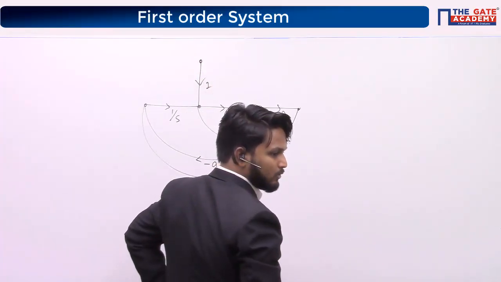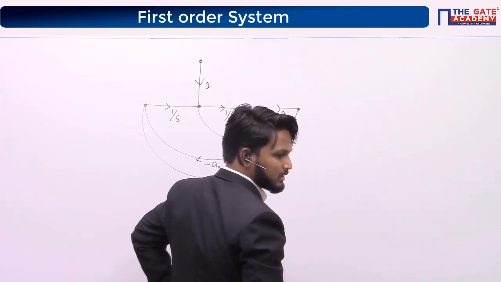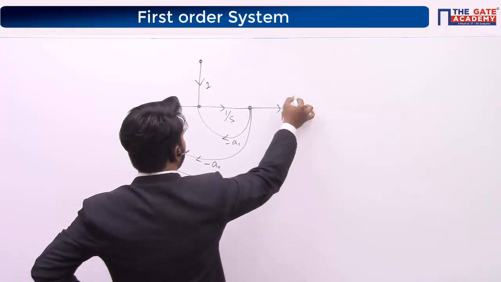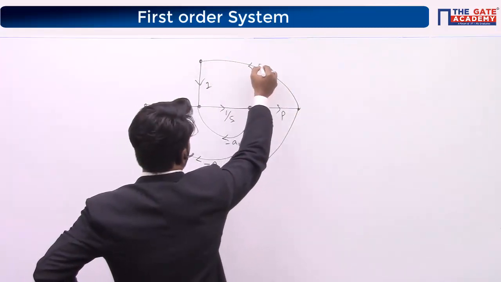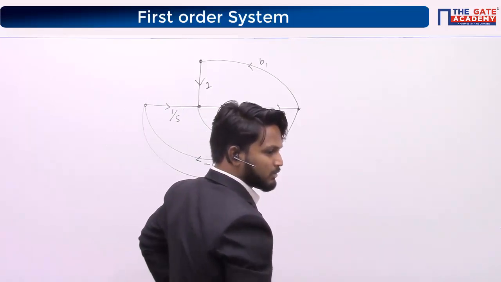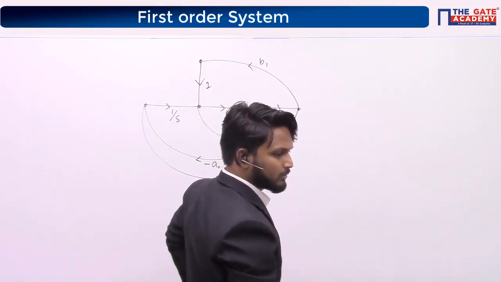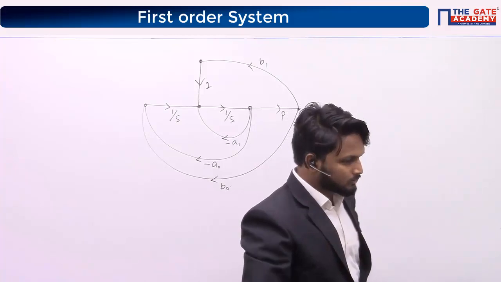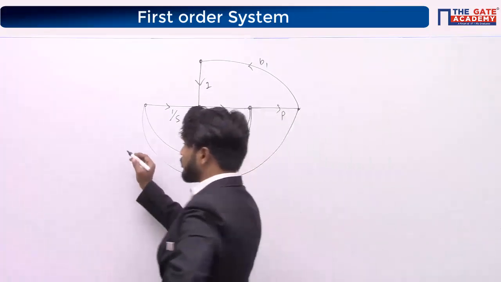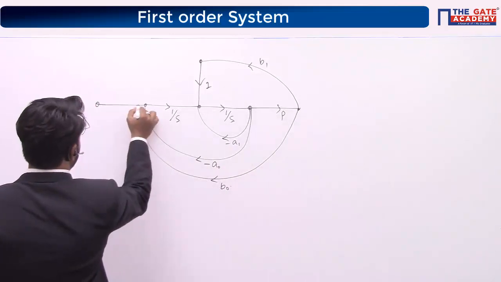So to that node, this P is connecting B1. From here to here, B1 is connected, and from this point to this point, C1 is connected, and to this point C0 is connected like this.